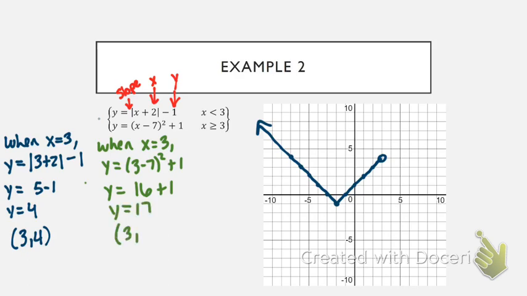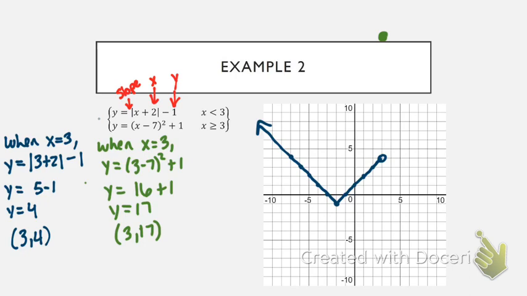So I have the point (3, 17) where it starts. Well, (3, 17) is way up there. So that's unfortunate. But since there's a line underneath the inequality, I know it's going to be a closed dot up there.